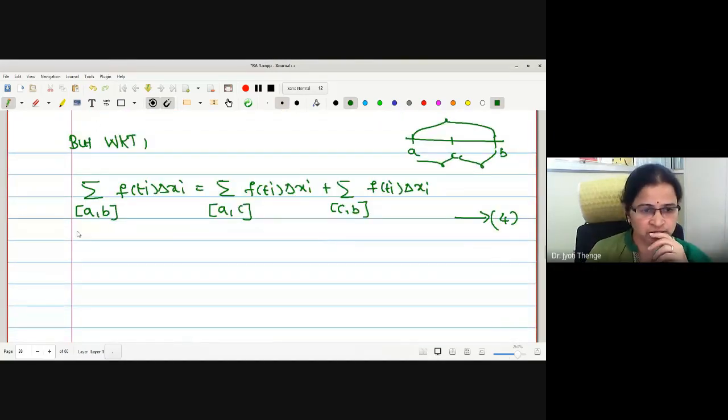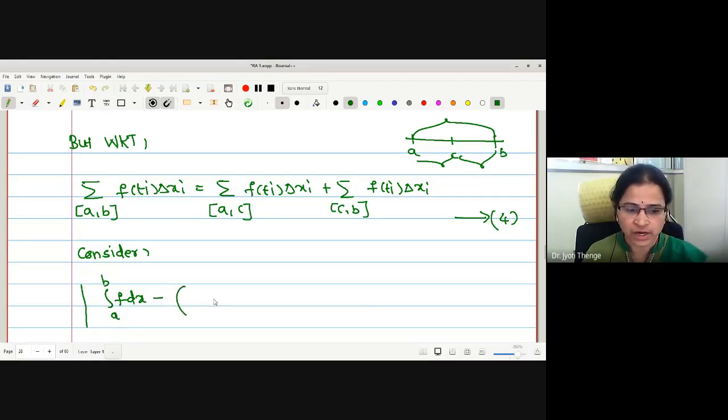Therefore, what should I consider now? Modulus of integration a to b f dx minus, let me put a bracket, integration a to c f dx plus integration c to b f dx. And what is the aim to prove?